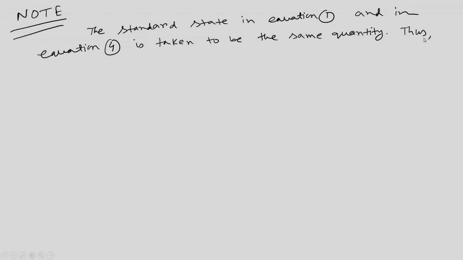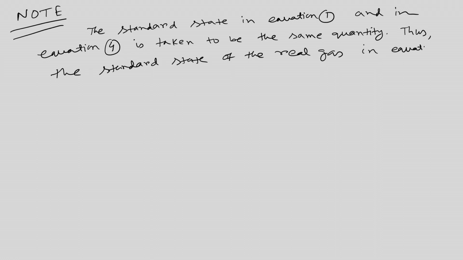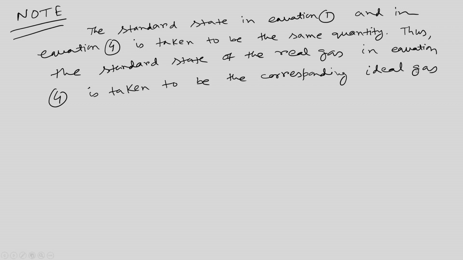Thus, the standard state of the real gas in equation 4 is taken to be the corresponding ideal gas at 1 bar pressure.